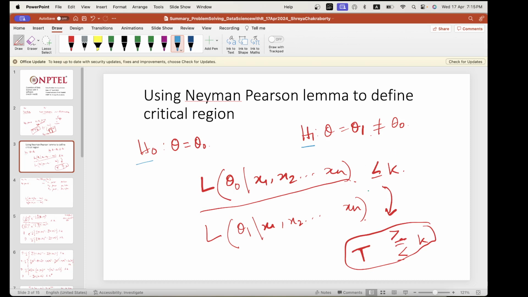And then by mathematical derivation and calculations, we land up at defining the critical region. So the Neyman-Pearson lemma states that if I am calculating this ratio, then the test rule that I am going to get is the most powerful test among all tests. Okay?